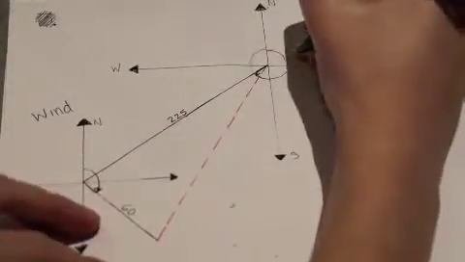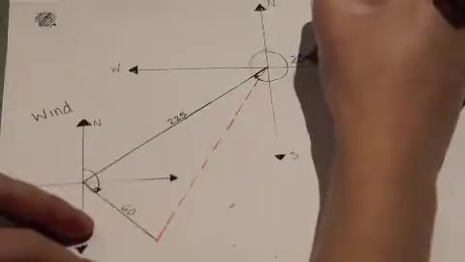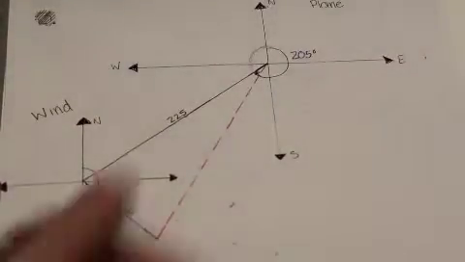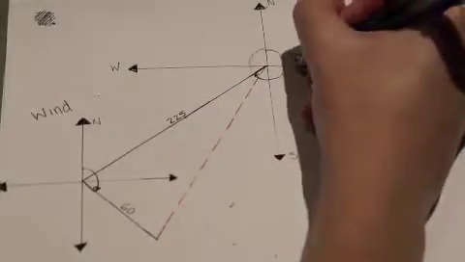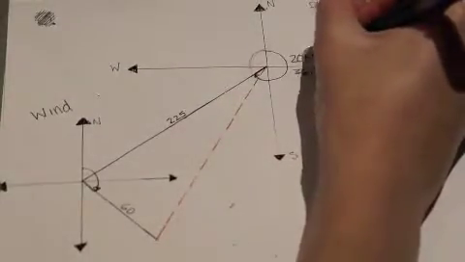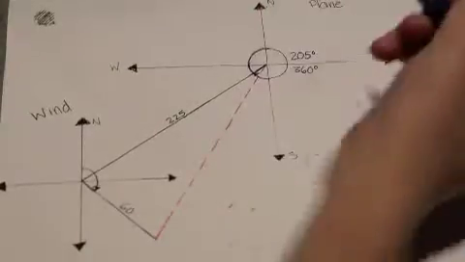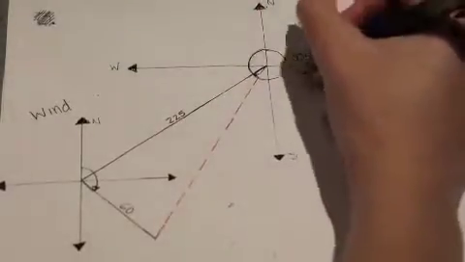So we know the bearing of the plane is 205 degrees, and that the degree of a circle is 360 degrees. So if we subtract 205 degrees from 360 degrees, we get 155 degrees.